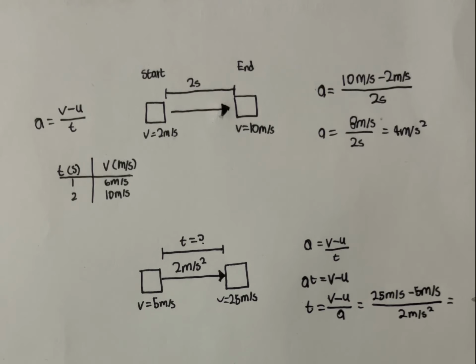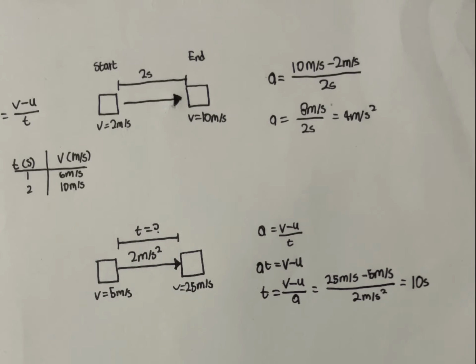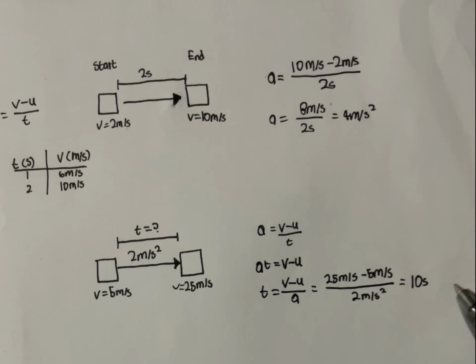And then 20 over 2 is just 10. So it would have taken 10 seconds, right? And it makes sense: if you gain 2 meters per second of velocity every second, and you keep maintaining that, you're going to get to 25 meters per second from an initial velocity of 5 meters per second in 10 seconds.